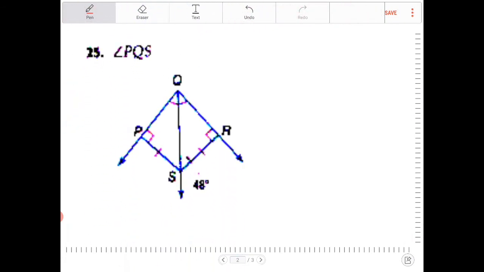I'm asked to find out what angle PQS is. PQS is going to be half of PQR. So this angle on the outside is 48 degrees, and according to the exterior angle theorem... wait a second here. This angle, again, I apologize for the ugly looking diagram. That angle in there is 48 degrees.